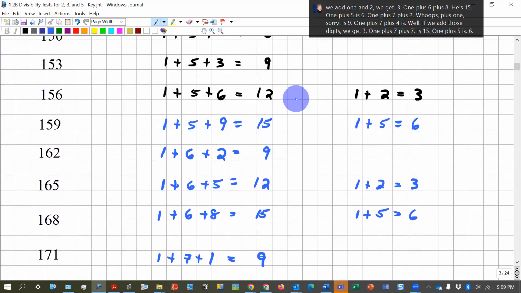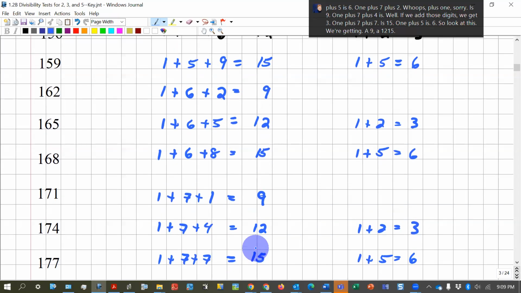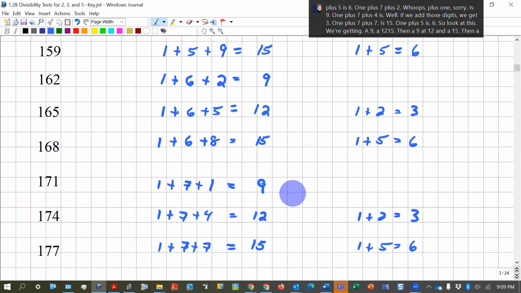So look at this. We're getting a 9, a 12, a 15, then a 9, a 12, and a 15, then a 9, a 12, and a 15.